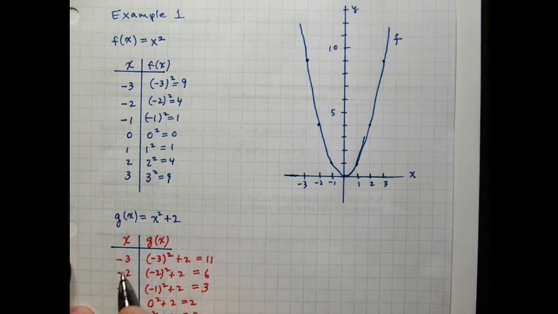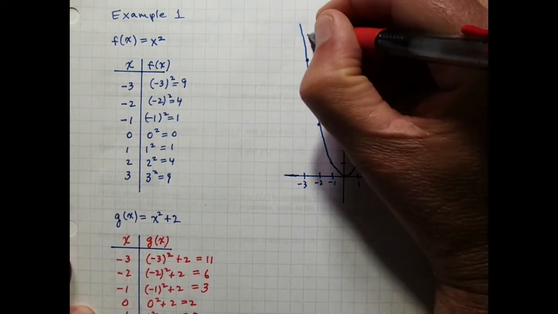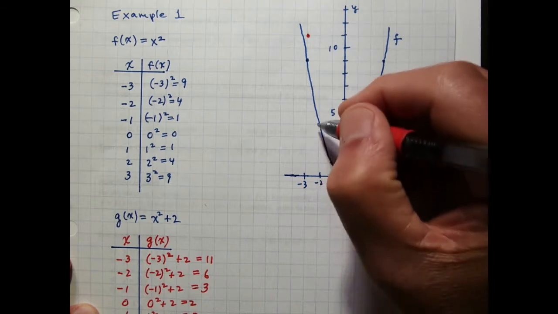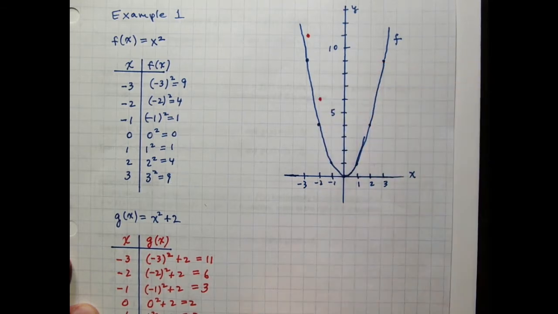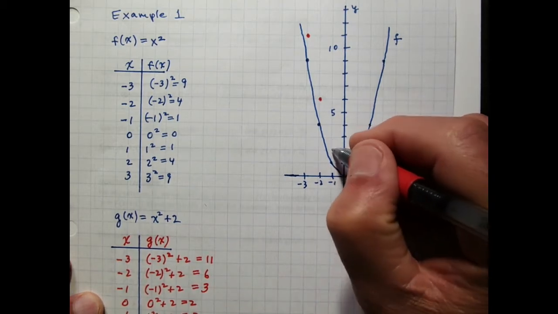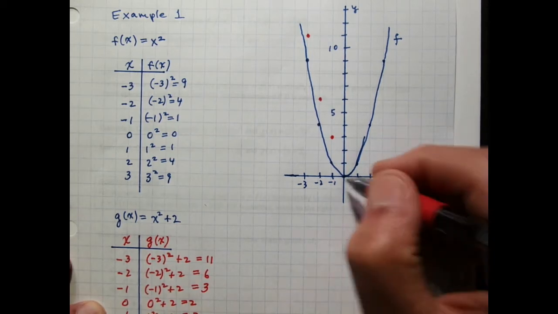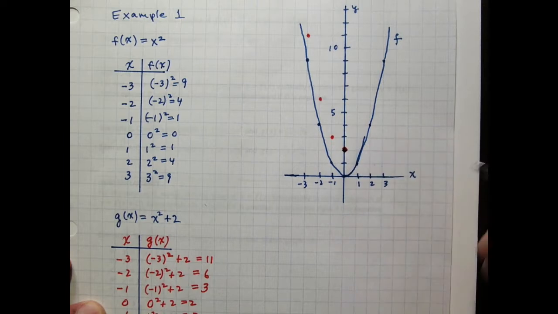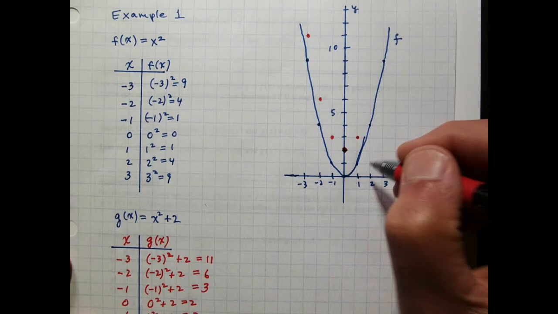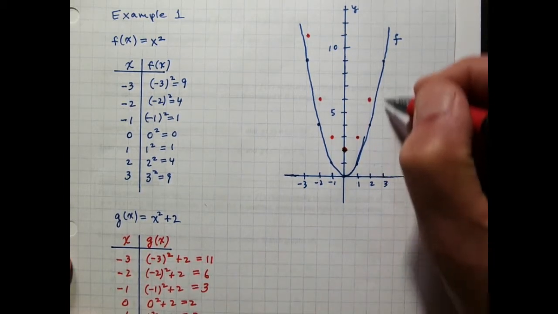I have -3, 11, it's right there. -2, 6 is going to be here. -1, 3, and 0, 2. 0, 2 is like a y-intercept. 1, 3, 2, 6, and 3, 11.